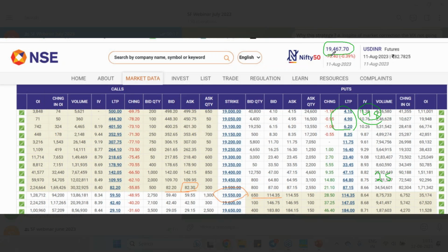19,467, isn't it? In the NSE option chains, the shaded colors are in the money options and the white colors are out of the money options.